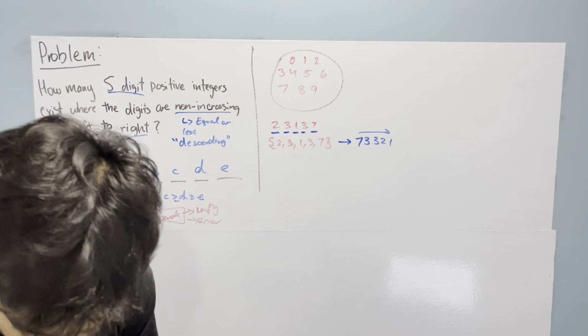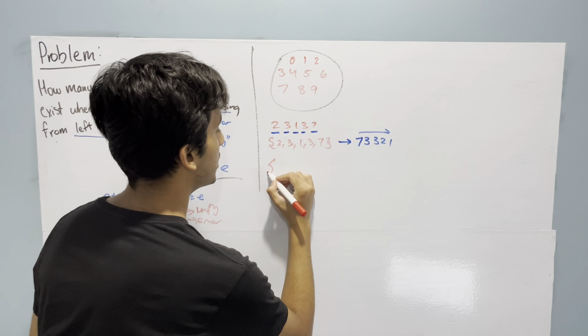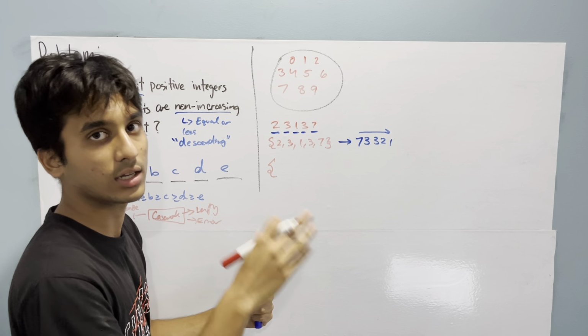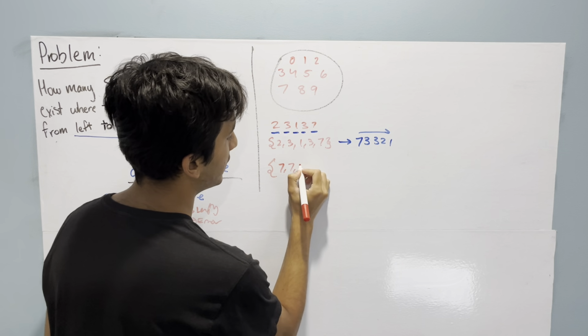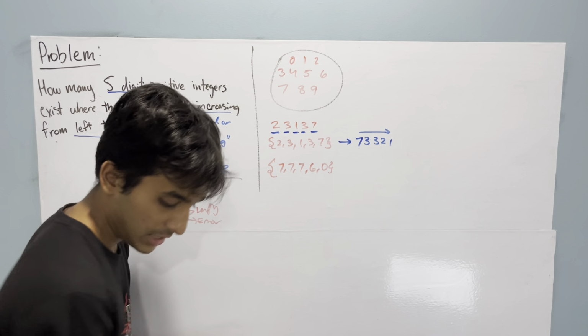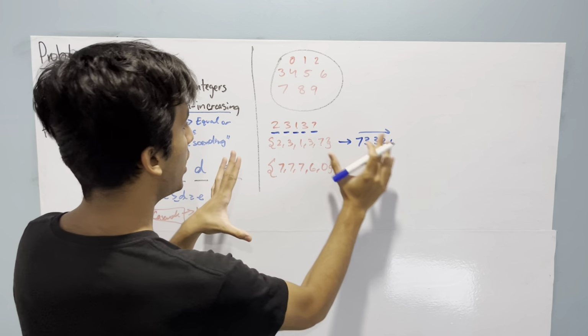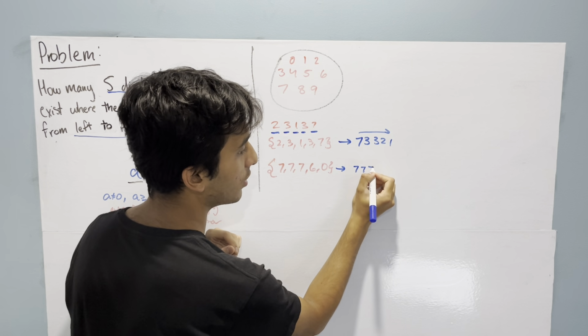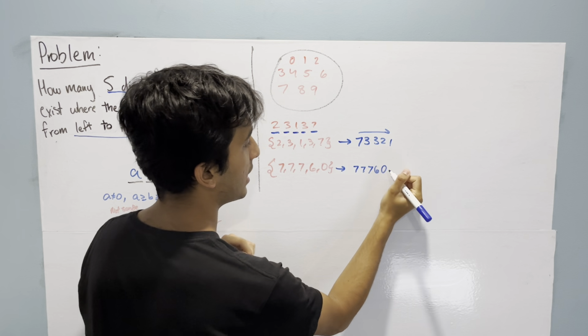If I give another example, right? Now I'm going to consider this a set, not as orders, because we just have to take out 5 digits. If I take 7, 7, 7, pretty unlikely, but we'll go with it, and then 6 and 0. This only has one number that satisfies the condition, which is that the 7s are in the front, followed by the 6, and then the 0.